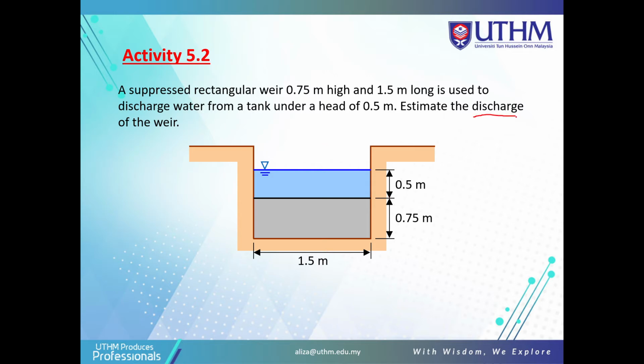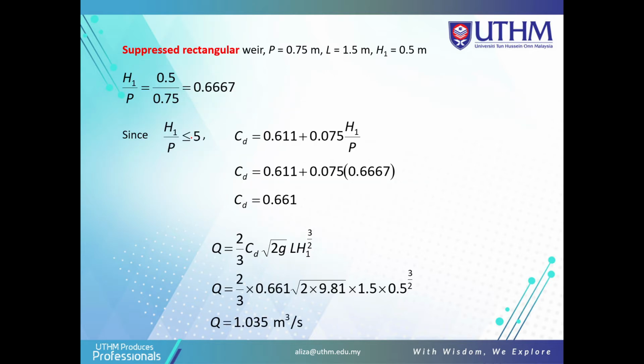Estimate the discharge of the weir. We know that P is 0.75, L is 1.5 and H1 is 0.5. Using this formula, H1 over P gives the value 0.6667.